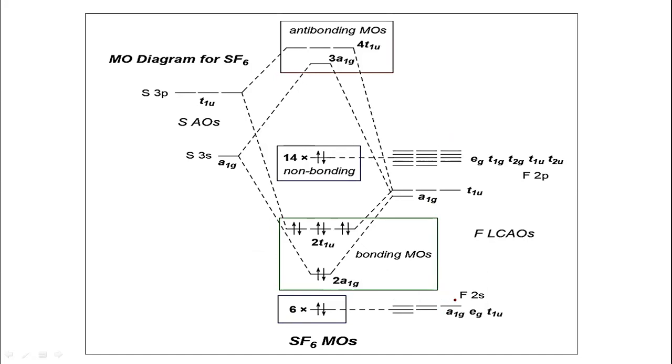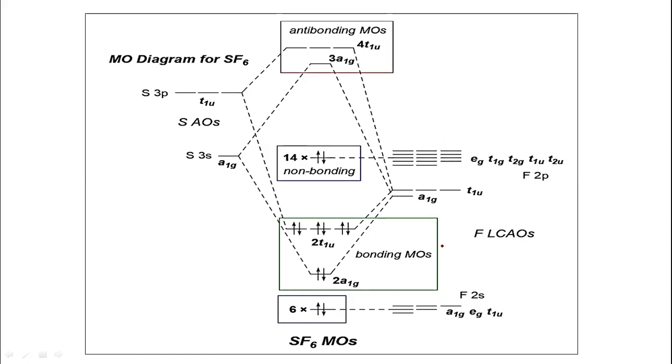This is the fluorine 2s orbital group orbitals: A1G, EG, T1U. This is A1G, this is EG, which is 2, this is T1U. 6 orbitals are represented here with very low energy levels. Then next, this is the fluorine linear combination of atomic orbitals, the bonding molecular orbitals. Later on we will come to that point.